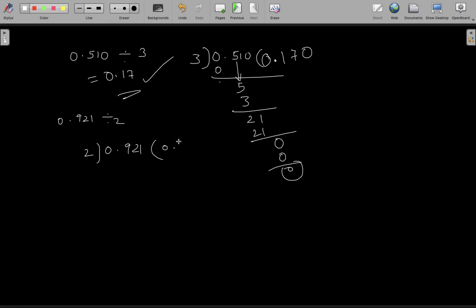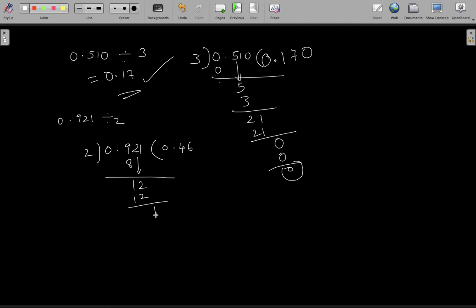So we are directly writing it as 0 point. Now 2 times 4 gives you 8. 9 minus 8 is 1. Bring down this 2, right? 2 times 6 is 12. Now bring down the next 1. Now here 1 is less than 2. So what you got here is the remainder 1.